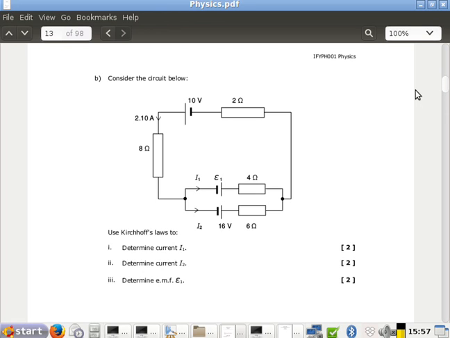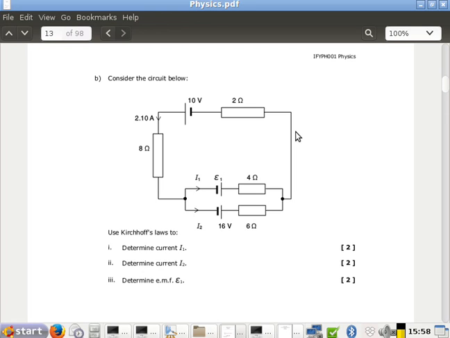And let's take the smaller loop on the inside. So now I have 10 minus 2.1 times 8 plus E1 minus 4I1 minus 2... oh, we were wrong. Earlier we said minus 2I2. No, it's minus 2.1. Yeah, can you see that?